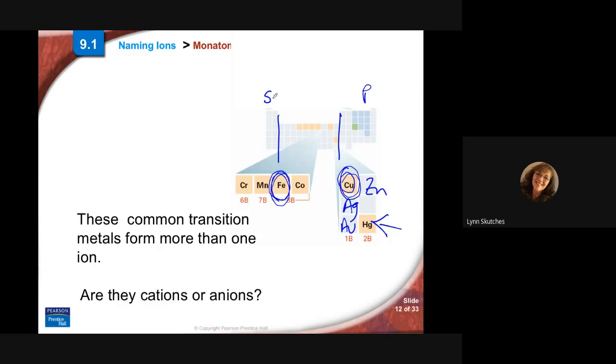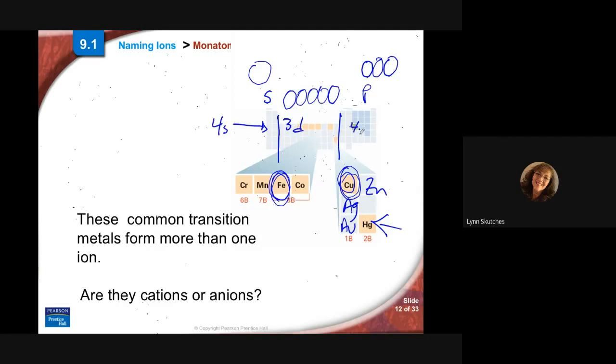But also, you know the D block: remember the S has 1 orbital, the D has 5 D orbitals, and the P has 3 of them. So remember when you're on the 4th period, it's the 4S, the 3D, and then the 4P.